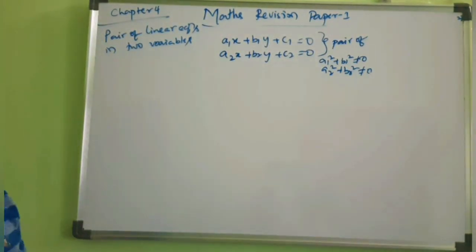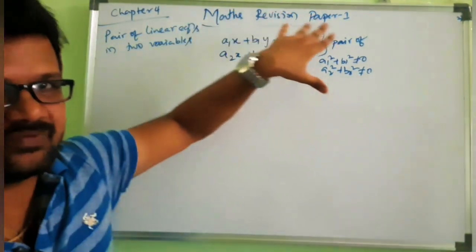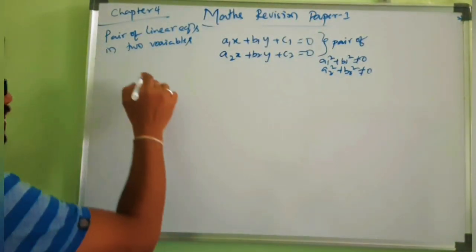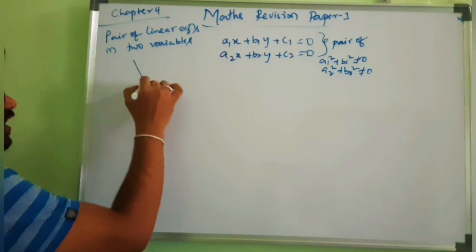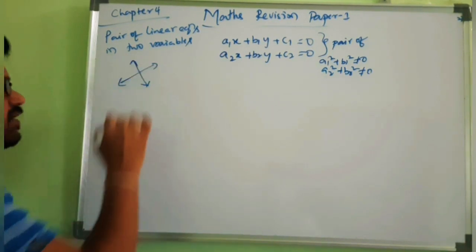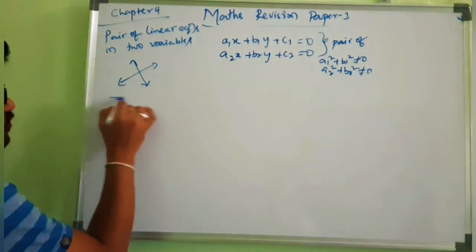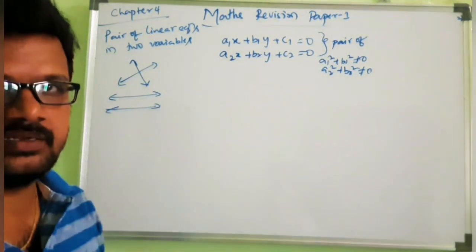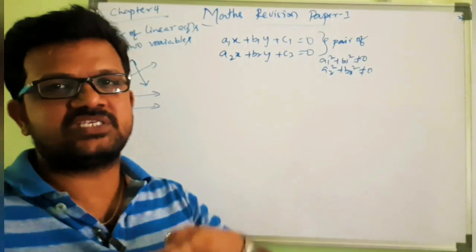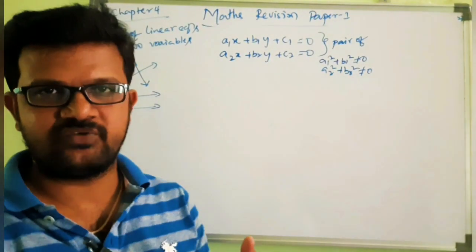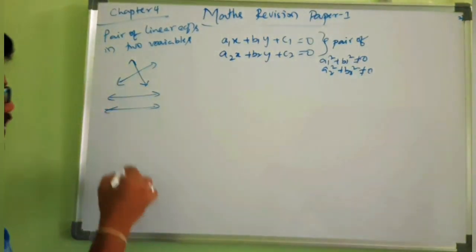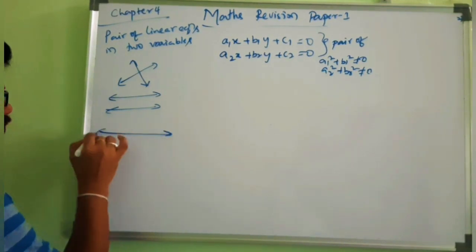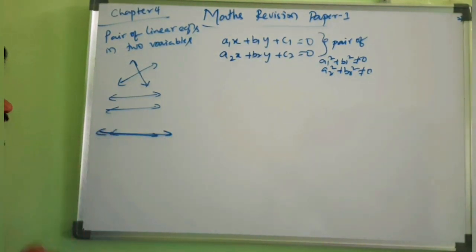If you draw the graph of these two equations, they may intersect, or those two lines may be parallel. As I said, the graph of a linear equation is always a straight line, whether one variable or two variables, and sometimes they coincide.